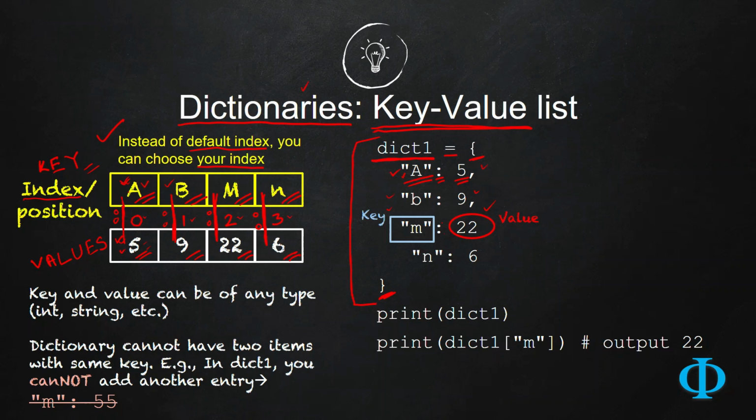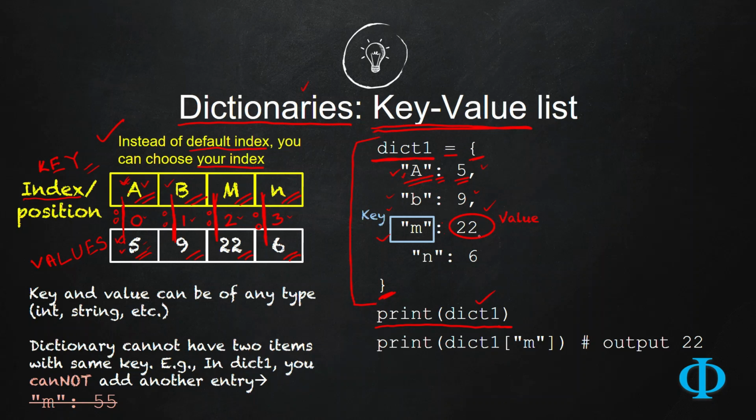Once you have stored like this, it is always possible to print the entire dictionary as a whole using print followed by the dictionary variable name. Also, it is possible to print each item individually.